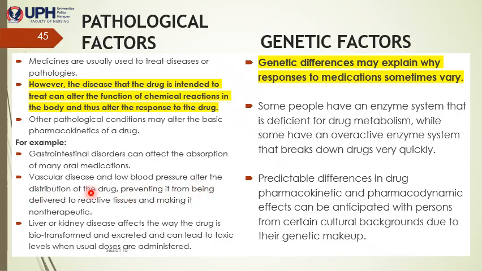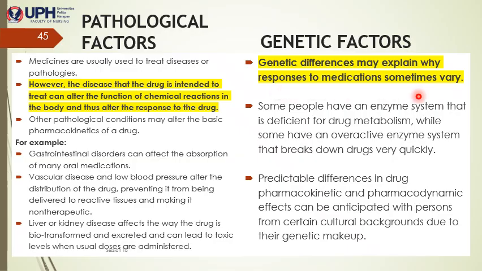When we distribute the medications inside the body, it probably won't make the desired therapeutic effect because the blood flow is not very good. Even with liver and kidney disease, we need to see whether this will be toxic or therapeutic to our patient. Genetic factors also play important roles.